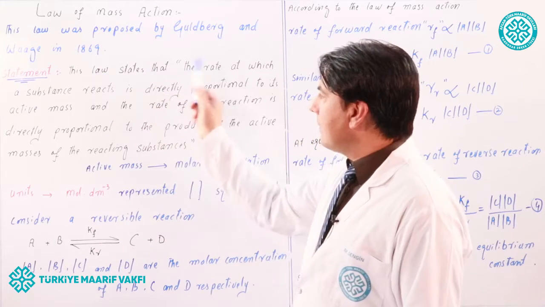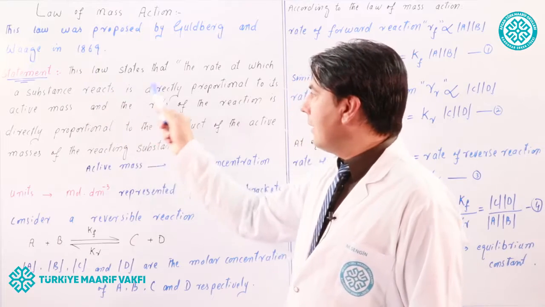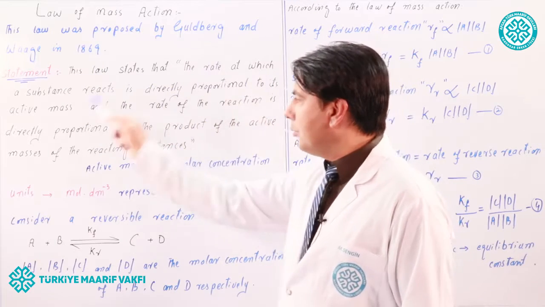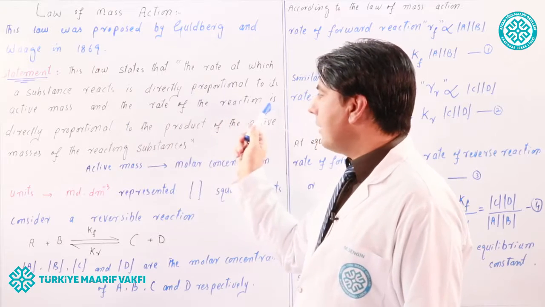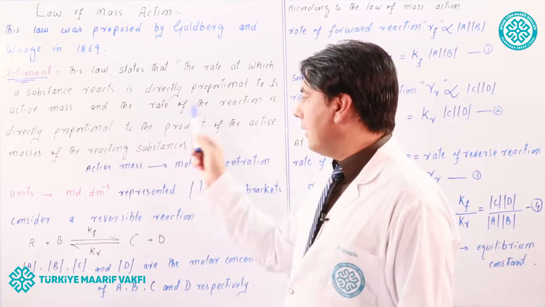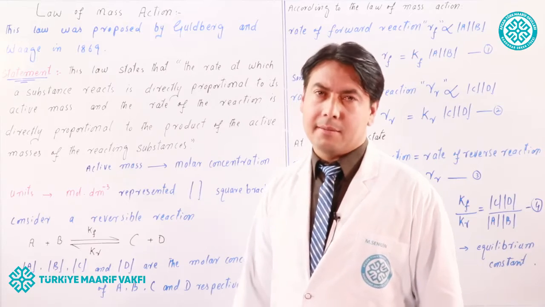This law states that the rate at which a substance reacts is directly proportional to its active mass, and the rate of the reaction is directly proportional to the product of the active masses of the reacting substances.